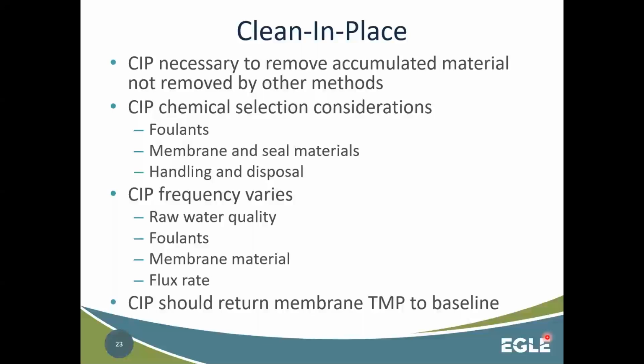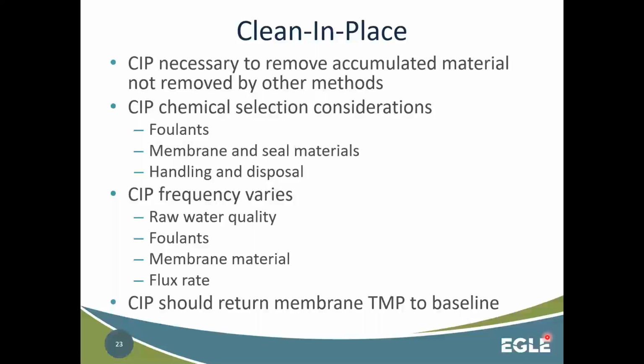You could get that iron buildup embedded right in the sidewall of that fiber. Organics will also do that. So a CIP is necessary to remove those accumulated materials that you're not able to get through your normal backwash process or chemically enhanced backwash process.